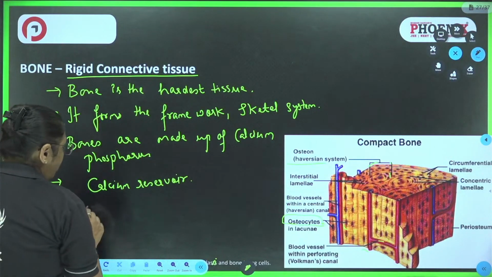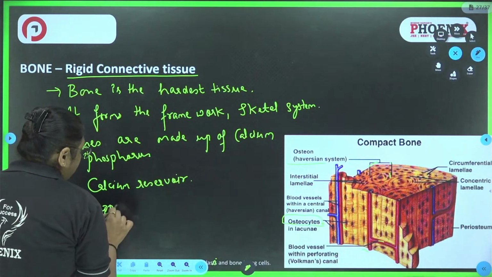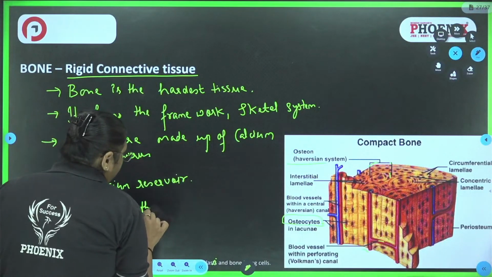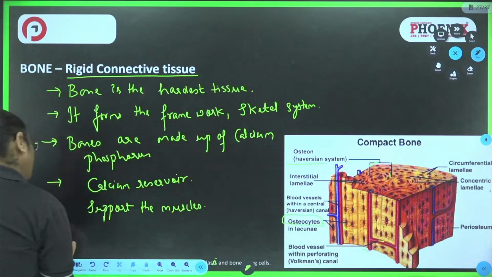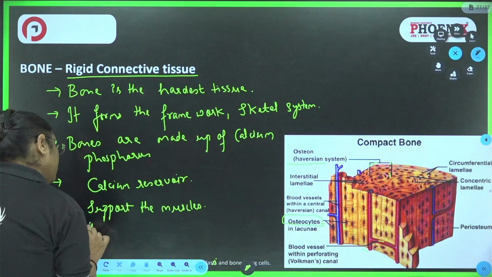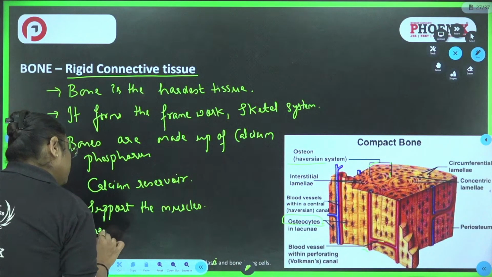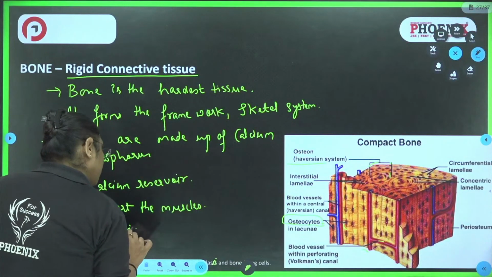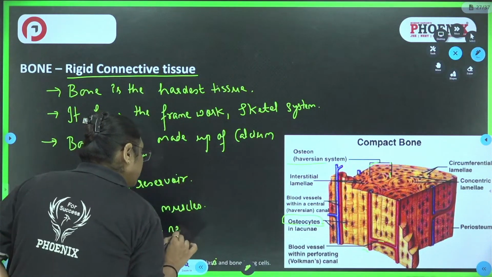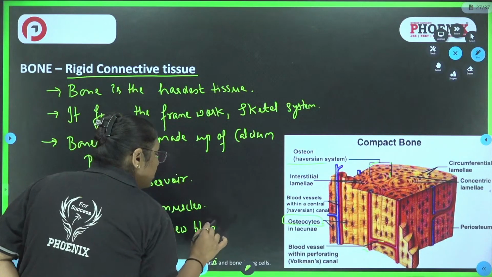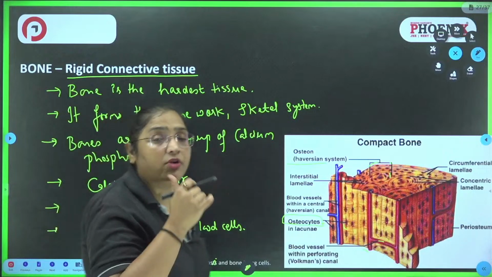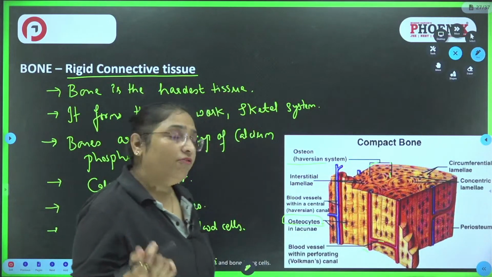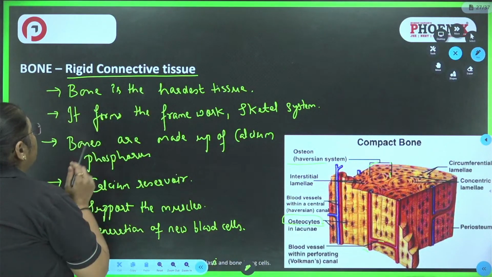It also supports the muscles. It also helps in generation of new blood cells. The bone marrow in the middle of the bones helps in generation of new blood cells. So this is about the bone.